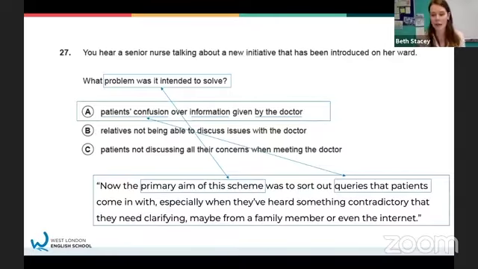We can hear queries that patients come in with. And when you hear that word queries, you might think patients. We've got information here when they've heard something contradictory. If you hear something contradictory, then you are likely to be confused.